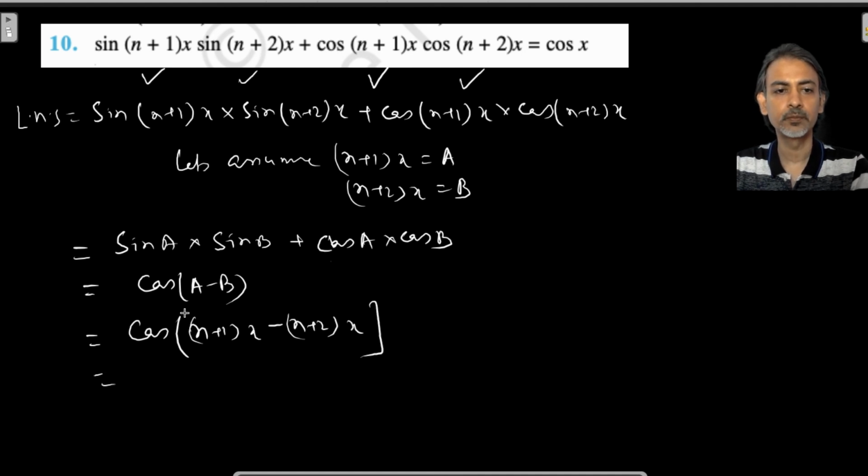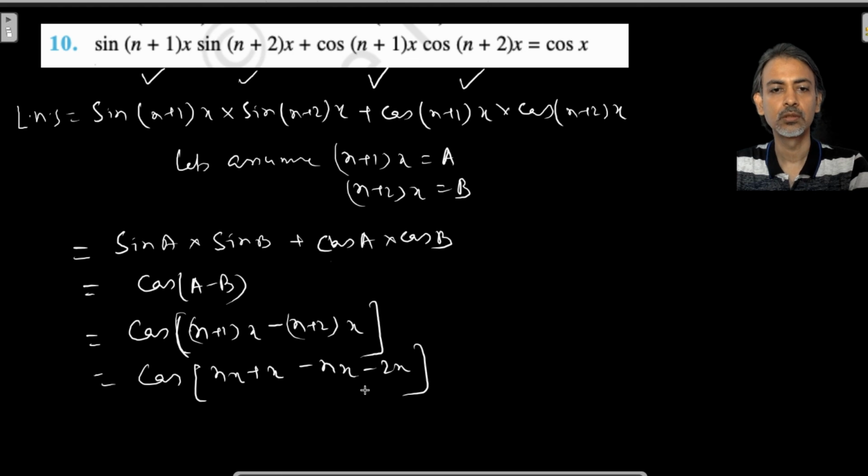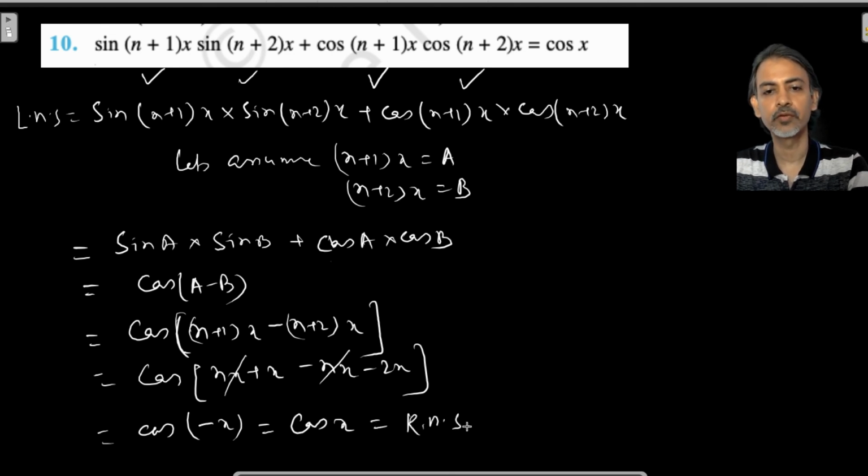Let's open it up. Cos of nx plus x minus nx minus 2x, and nx gets cancelled out, minus 2x plus x, so this is cos of minus x, and we know that cos of minus x is nothing but cos of x, which is nothing but RHS. Yeah, this is what we had to prove.